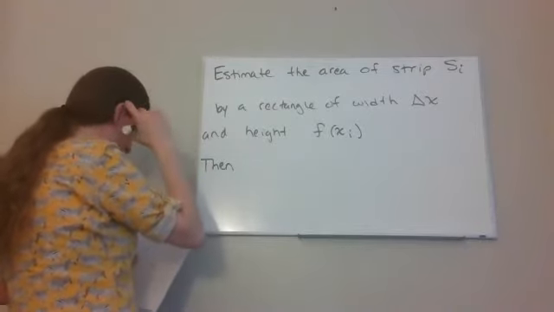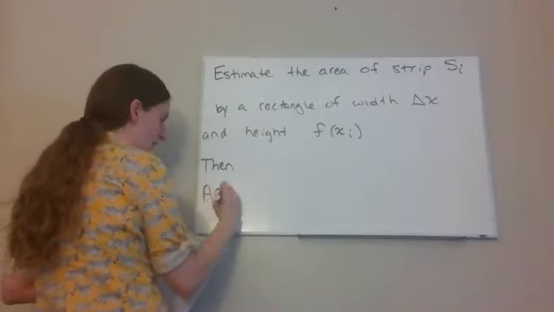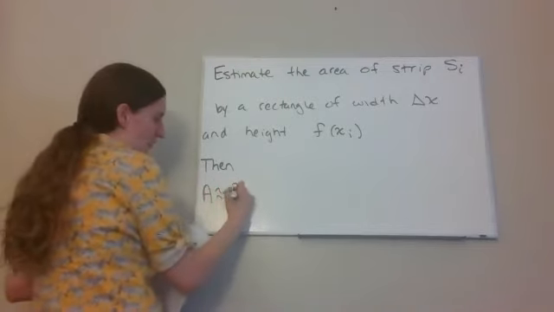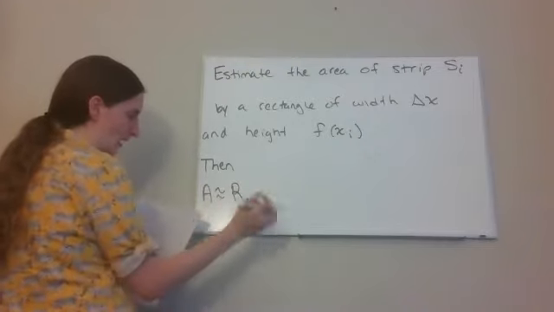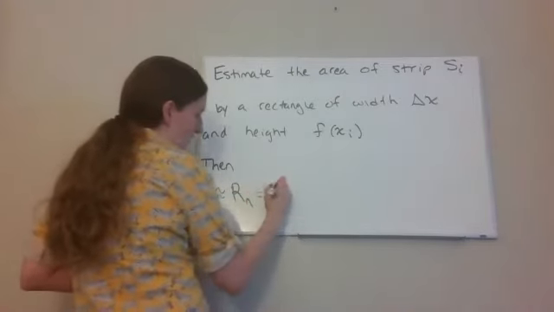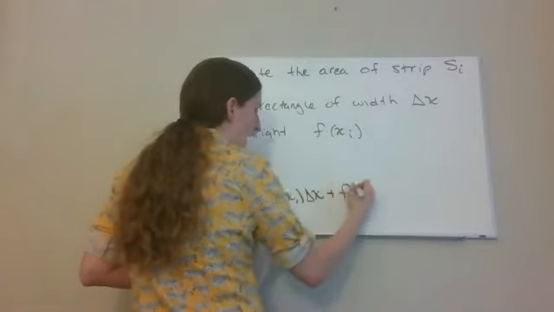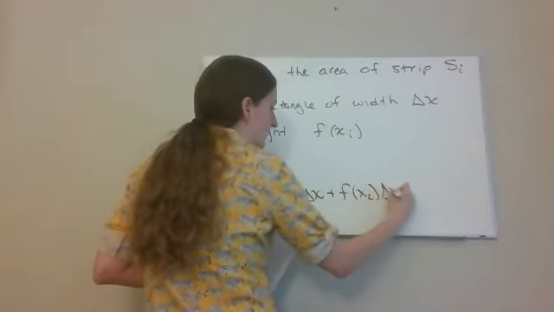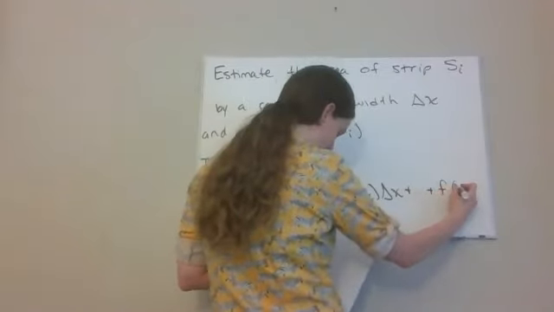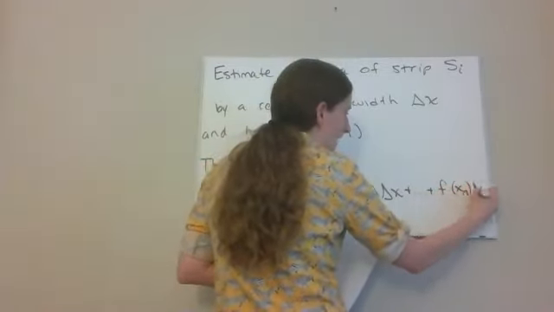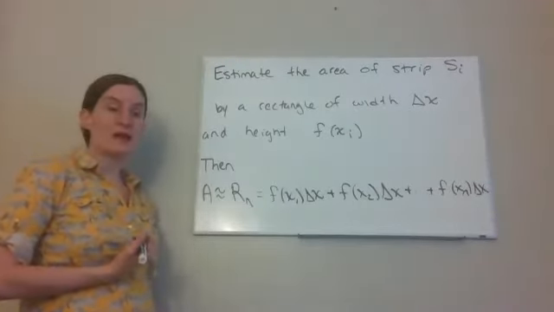Then when I add up all the areas, I get that the area is approximately equal to, I'm going to call it Rn to say I'm adding up n rectangles with right endpoints. And we get f of x1 delta x, f of x2 delta x, all the way through f of xn delta x. So that looks pretty terrible, but really that's the same thing we did earlier.